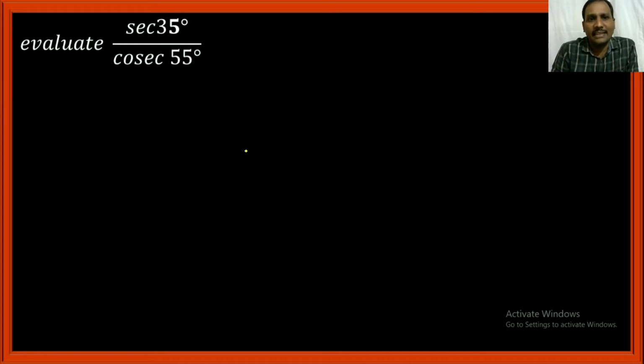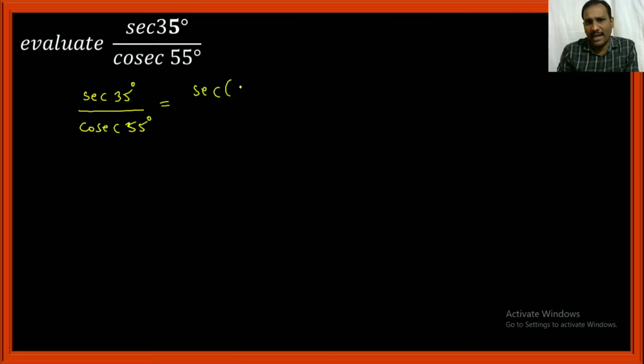Evaluate secant 35 degrees by cosecant 55 degrees. So what is given? Secant 35 degrees by cosecant 55 degrees. Now can I write secant 35 as secant 90 minus 55? Yes. What is secant 90 minus theta?